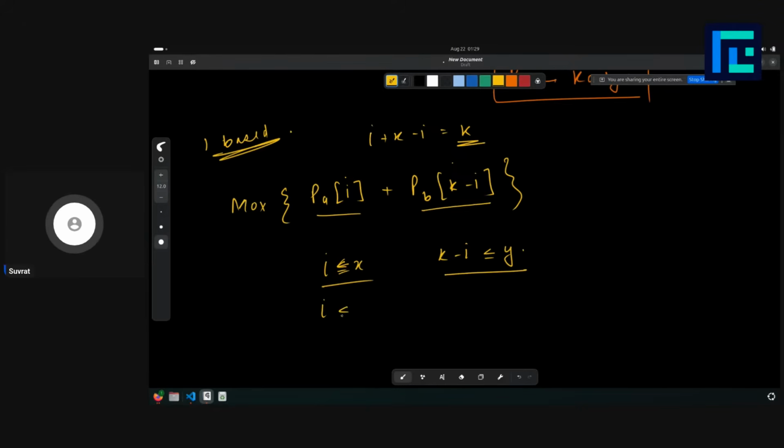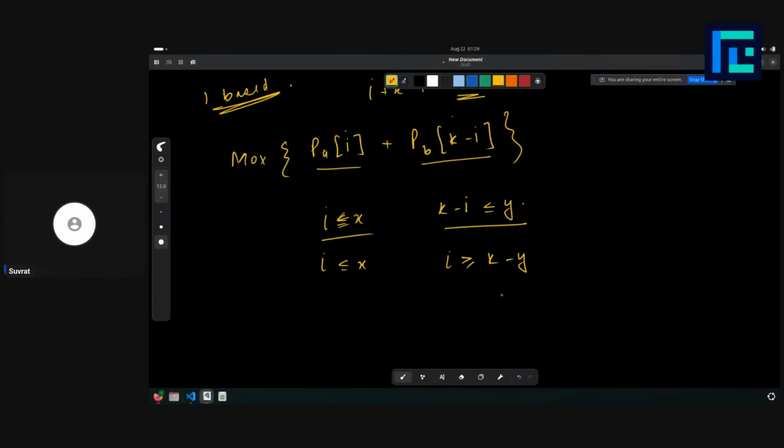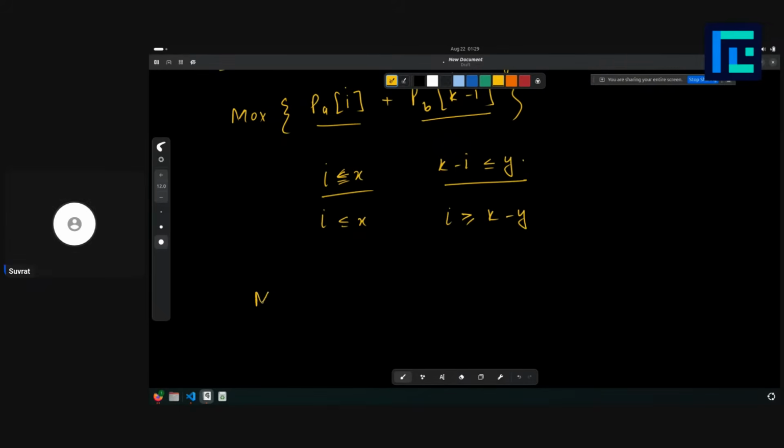So I must be less than or equal to x, and I must be greater than or equal to k minus y. So what we can do is take the maximum, from I equal to k minus y till I equal to x, of PA of I plus PB of k minus I. Right.